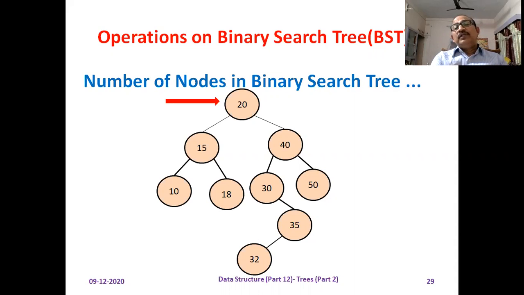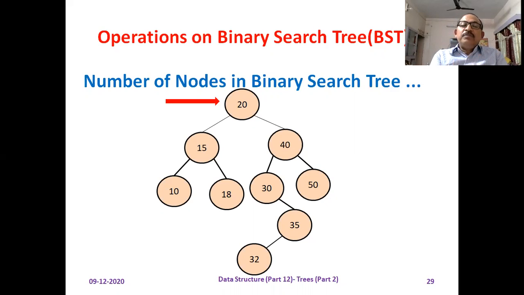And suppose you want to determine the height of a binary search tree. How will we write a recursive formula? Determine the height of the left subtree and the height of the right subtree.